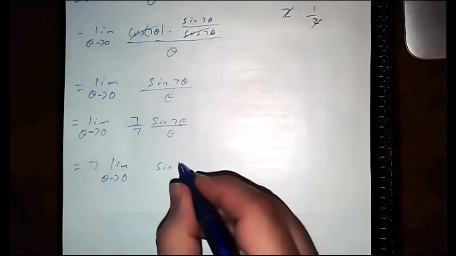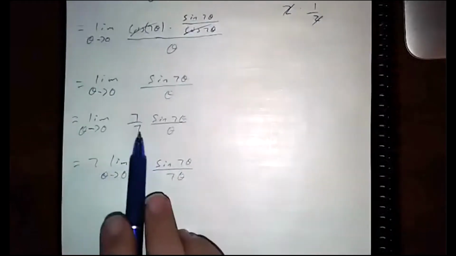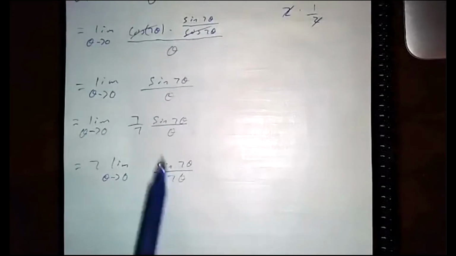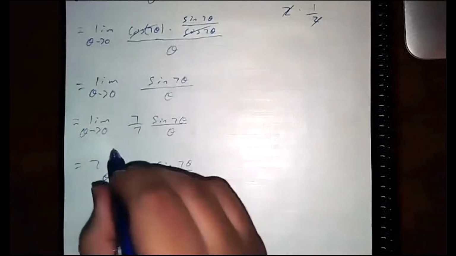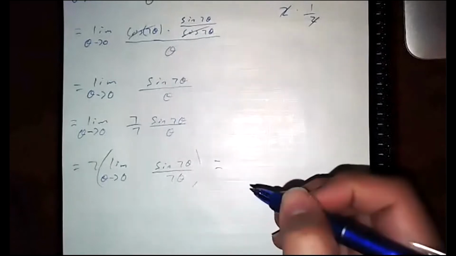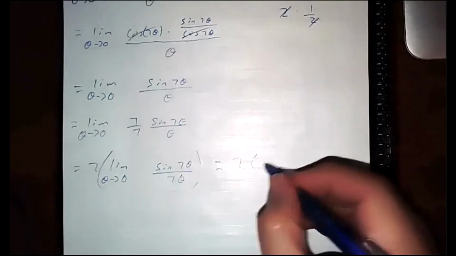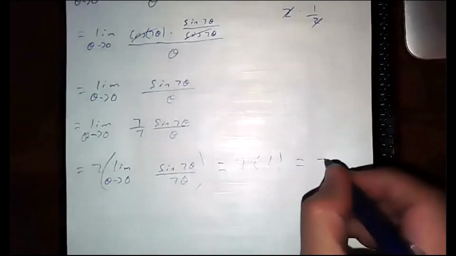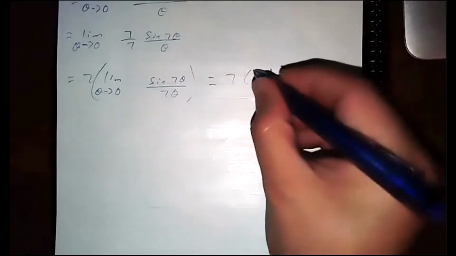So now I have sine of 7 theta over 7 theta, because this would be 7 times theta. I can pull the 7 out because we are able to do that with the properties of limits. So now you can use the special property, and this will become 1. Does that make sense? Yeah, that makes sense.